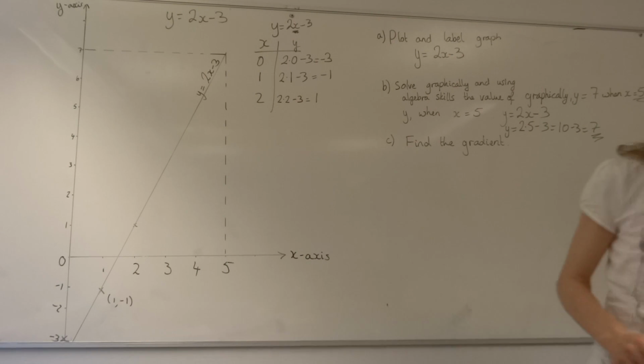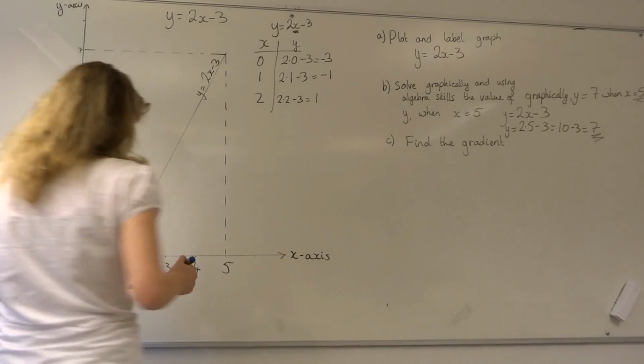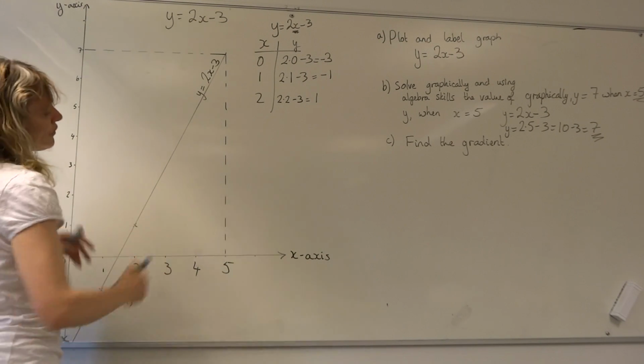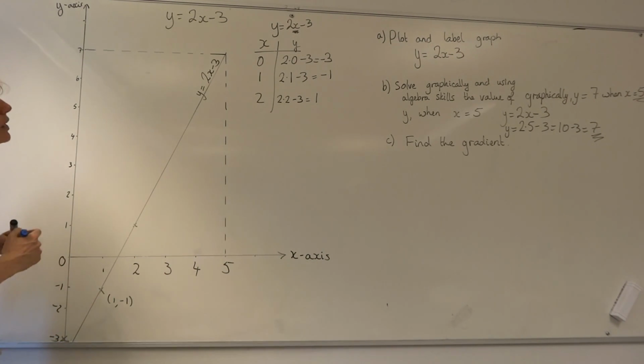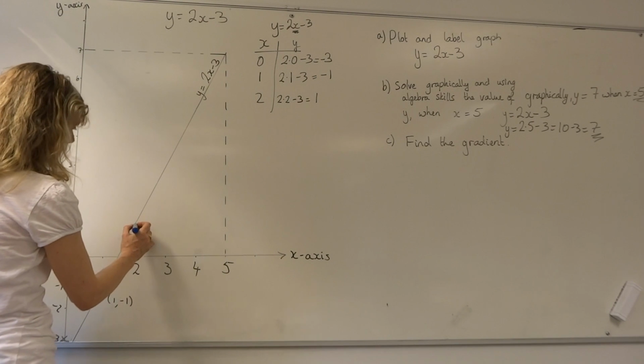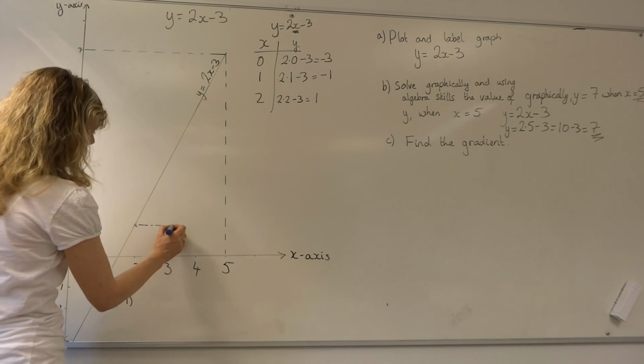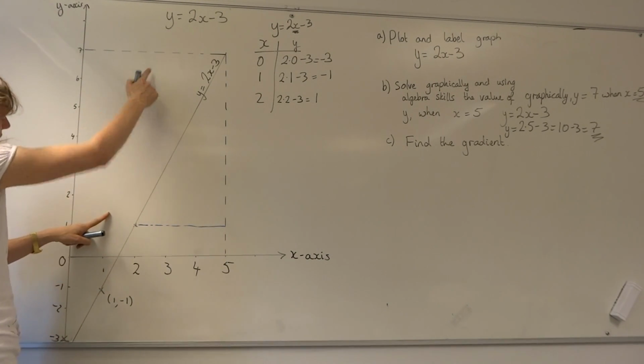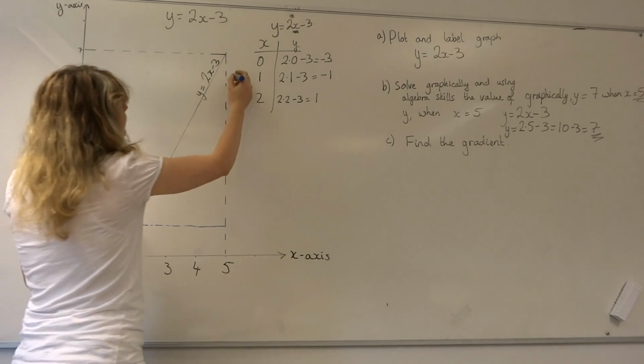And then the last one that it wanted you to work out here was the gradient. And for the gradient you can choose anywhere on the graph, nice and easy points. For example, it would be quite sensible here to take a line across here, because 7 minus 1 is 6.